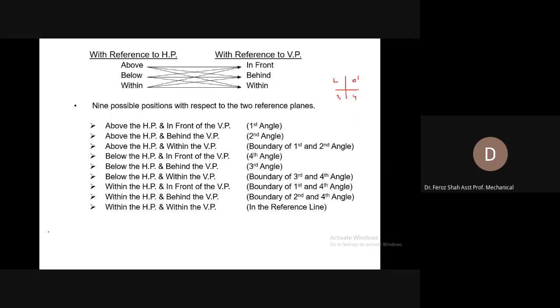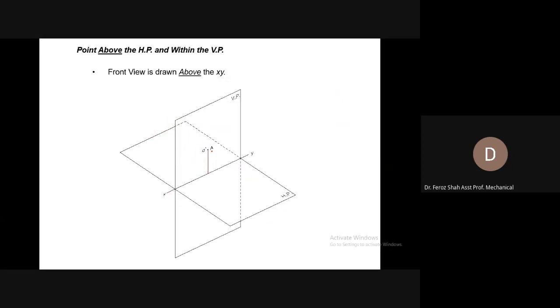Now the third case would be above the horizontal plane and within the vertical plane. So this is the case. The point is still above the horizontal plane, but this time it is within the vertical plane. So you can see that looking at this point from this side or from the rear side, its front view will be formed at the vertical plane.